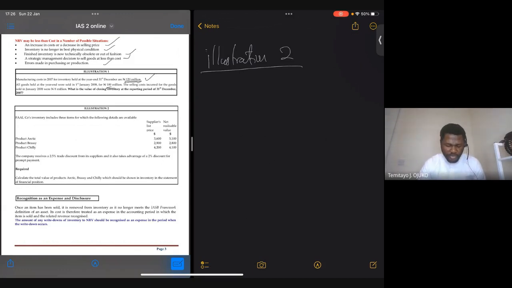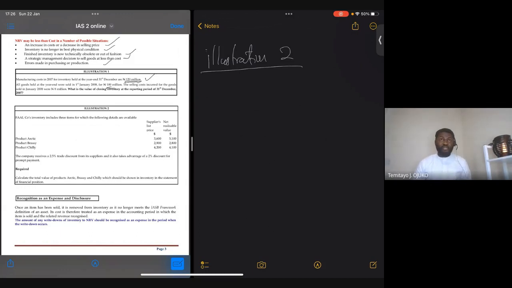Okay. Now, coming back to the question, this question is telling us we need to do two things. We need to value the cost of the inventory. Then, we need to do the valuation at the end of the reporting period: account for the actual cost of the inventory, then two, what is going to be the value of the inventory that will be accounted for in the financial position.